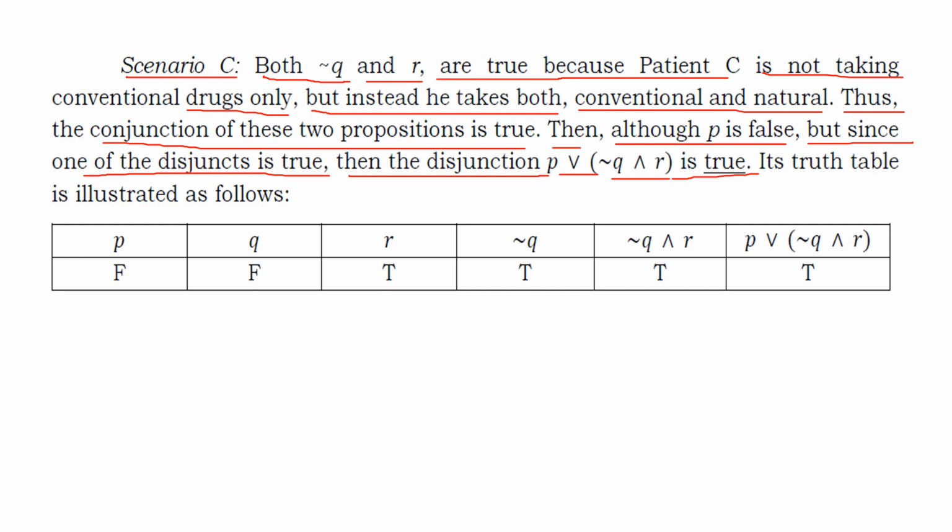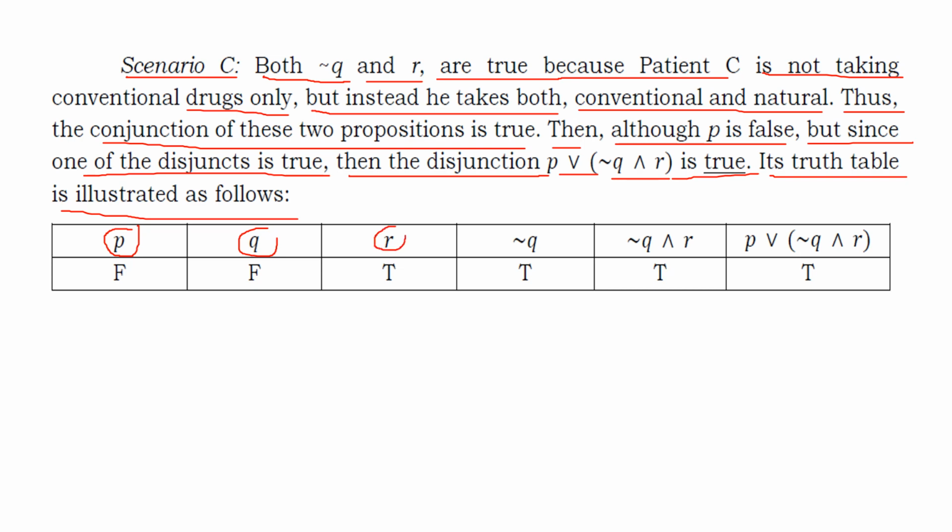Once we apply your disjunction, its truth table is illustrated as follows. Again, if the truth values of your P and Q propositions are false, then your R proposition is true.